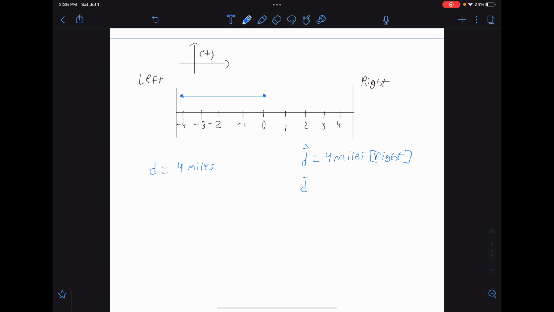Now our displacement would equal either 4 miles to the left, or negative 4 miles. And we don't need to specify direction because we did by putting this negative sign here because of our coordinate system. Our coordinate system says this side is negative. Well, I should say down here because of the negative y-axis there, right? And that's how that works. But that still really doesn't explain displacement.